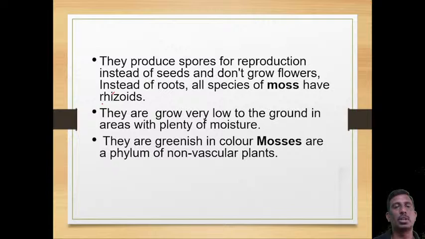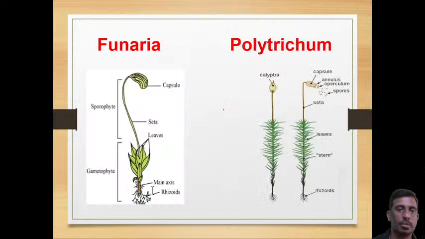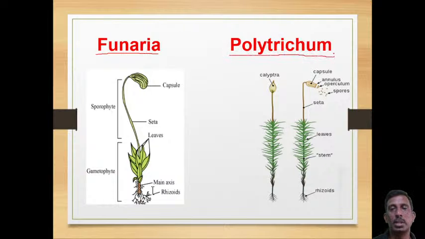Rhizoids are similar to roots functionally but not structurally. They grow in places where there is plenty of moisture. Funaria is one of the best examples, and another example is Polytrichum.